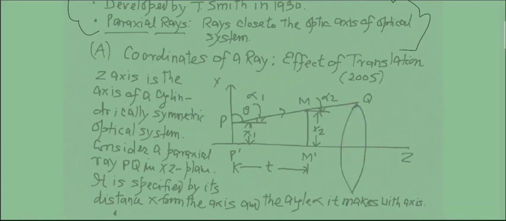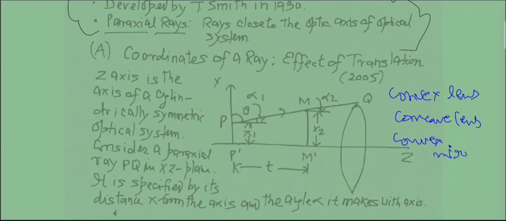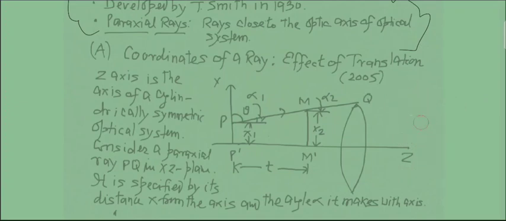It just means that it is either a convex lens, a concave lens, a convex mirror, or a concave mirror. This is what is meant by a cylindrically symmetric optical system.